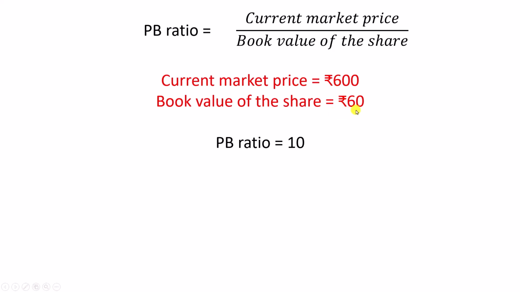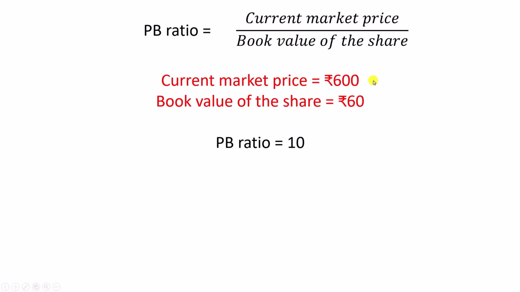Okay? Now, let me repeat it using this. Let us say that I buy one share of this company today by paying 600 rupees. Tomorrow the company goes bankrupt. All right?